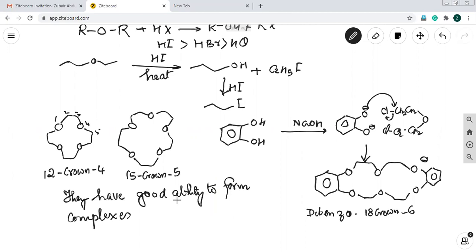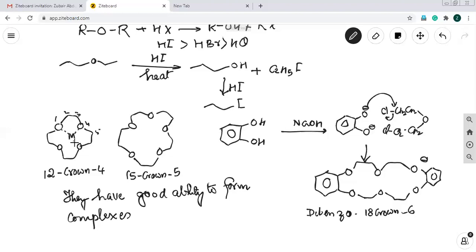Okay. Now, how do they do this? For example, it looks like, see here, a closed cage, and metal ions can complex here. See, positive metal ions can form complexes here.